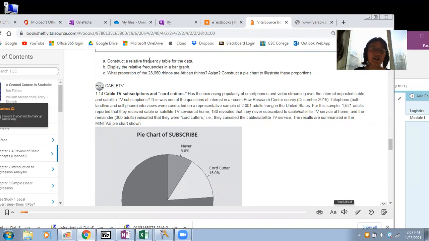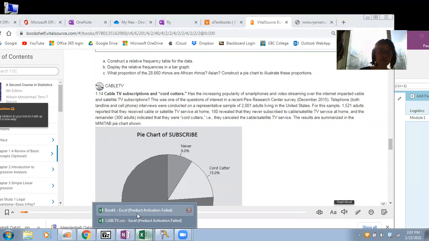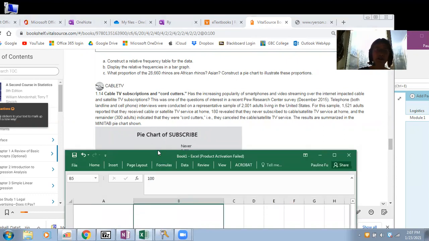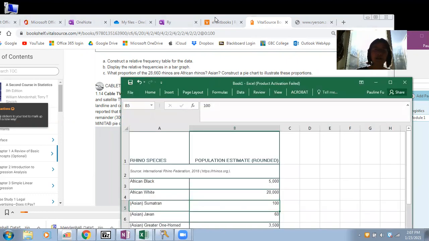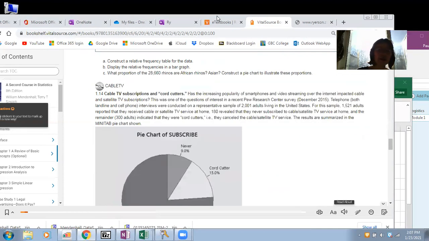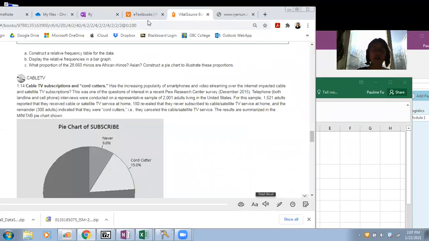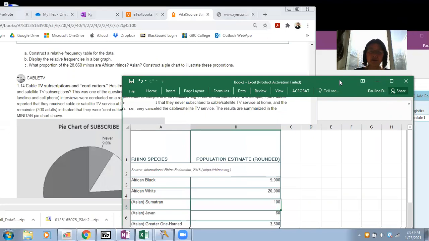So maybe we'll focus on questions A and B using Excel. Okay. So I just copied the data. Question A, construct a frequency table. Frequency table means relative frequency. Okay.